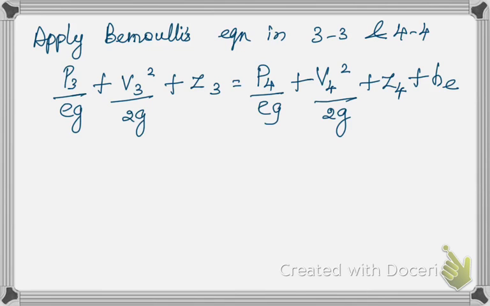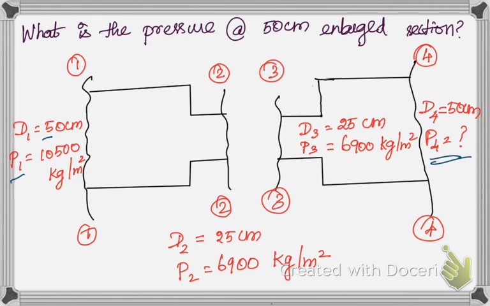Now, as you all know, Z3 and Z4 will be equal because the pipe is horizontal. Okay, we can omit that. Now, V2 and V3 will be equal because you can see in the figure. If you see the figure, so D2 is 25 centimeter and D3 is 25 centimeter, pressure is 6900 and here also the same.